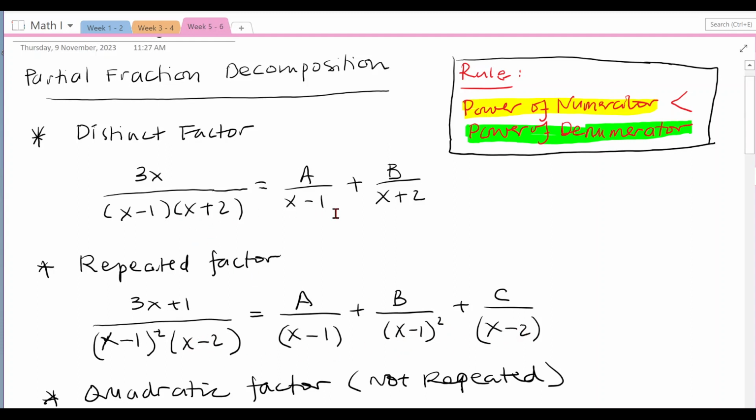Whereas in here we just do it once: x minus 1 and then x minus 2, with the unknown numerators being A and B, to be worked out in the following example. And this one contains the repeated factor. As you can see here, x minus 1 is repeated, so number 1 is x minus 1, and then (x minus 1) squared itself.